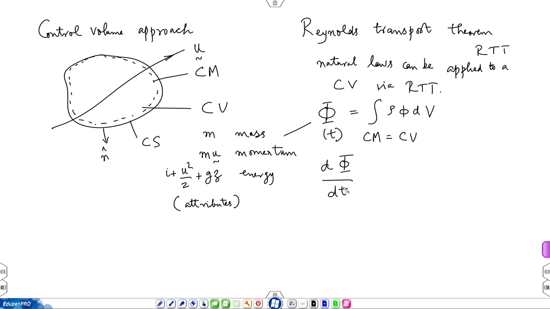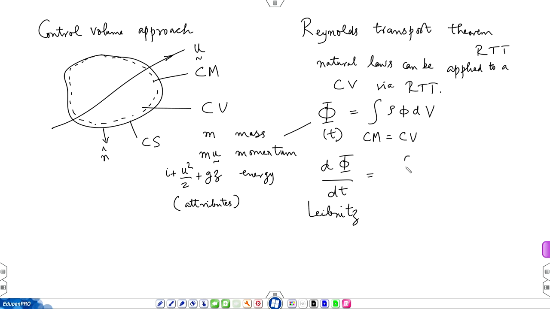Leibniz theorem. So, you have to apply Leibniz rule here. Some people call it theorem, some people call it rule. Leibniz. So, this is equal to, now this is a strict application of Leibniz rule.